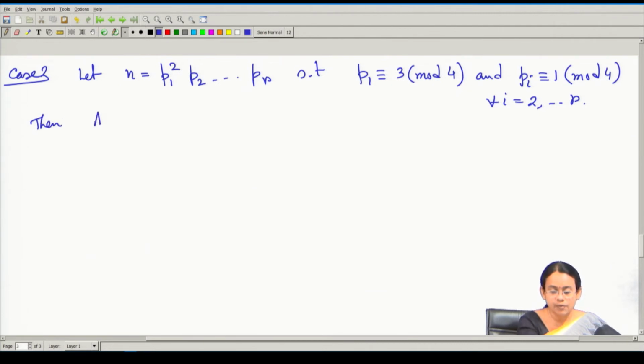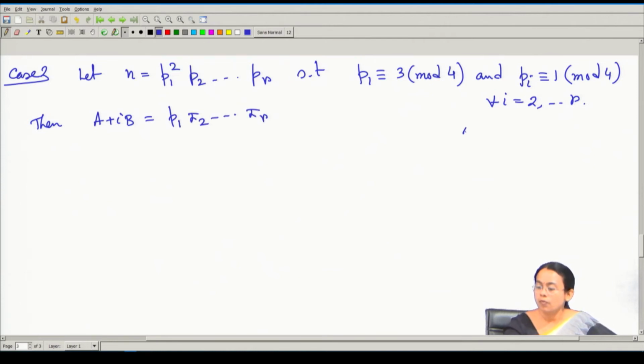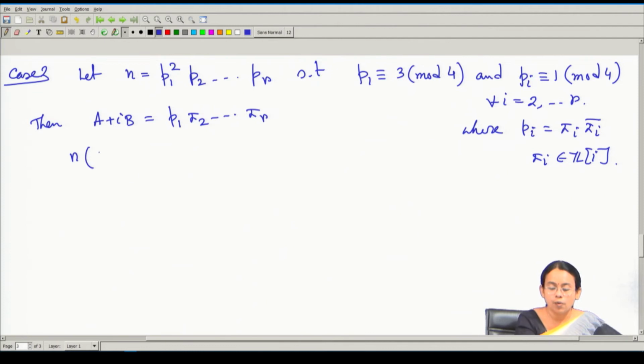If I choose a + ib to be equal to p1 into pi2 into pir, where each of these pi is pi_i times pi_i bar, because these are not irreducible, I can factorize them further, where these pi_i's are in Z[i] and irreducible with norm of pi_i equal to pi. Then you can see that the norm of p1 into pi2 into pir is nothing but this integer n.